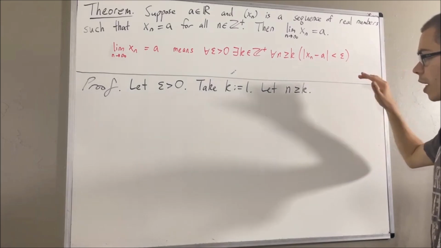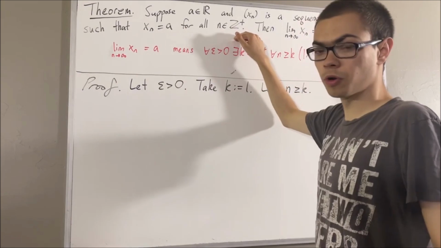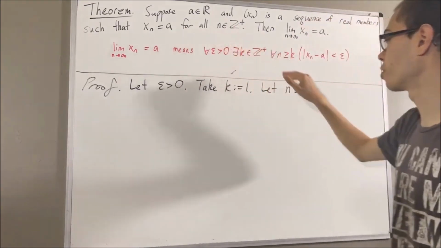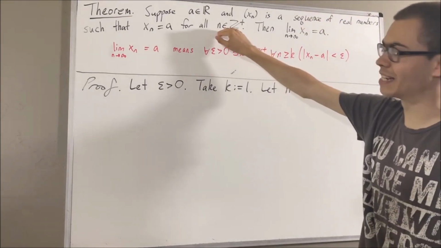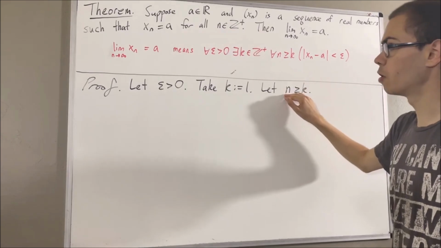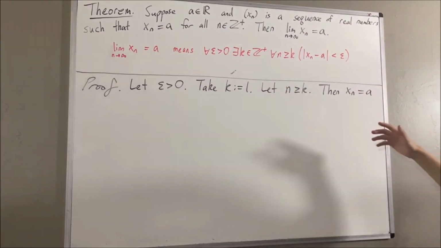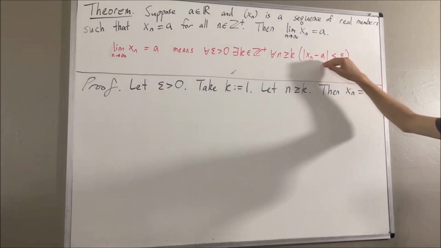Now, to do that, let's first note, since this statement is true, we know that this statement works for every positive integer. So it must work for the positive integer n that we have in our proof. So taking n to be the n we have in our proof, we have that xn is equal to a. And now we can show that this inequality is true. Let me start off by writing the left-hand side of the inequality.